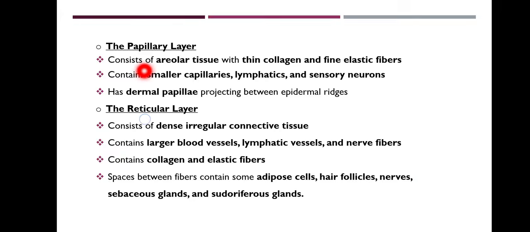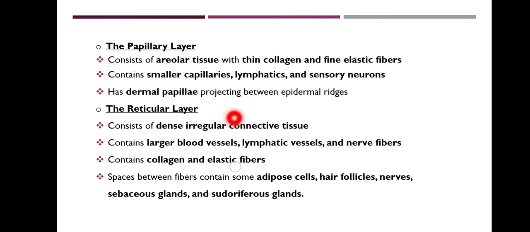The papillary layer consists of areolar tissue with thin collagen and fine elastic fibers. It also contains smaller capillaries, lymphatics, and sensory neurons. The papillary layer has the dermal papillae, which project between the epidermal ridges.